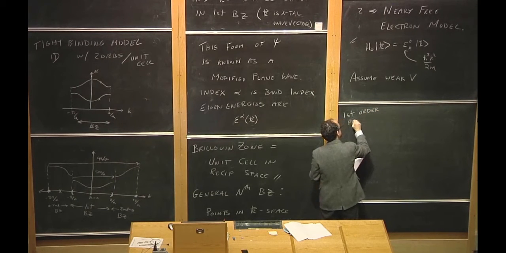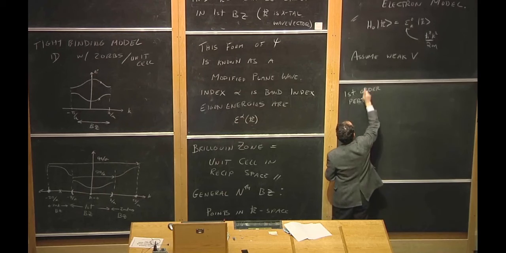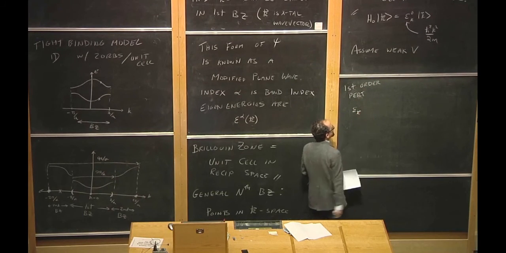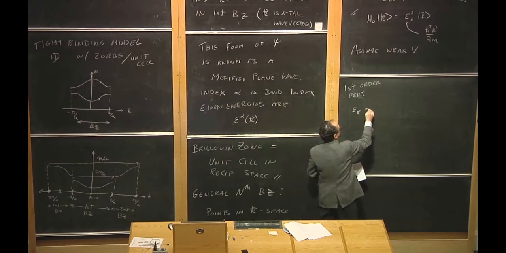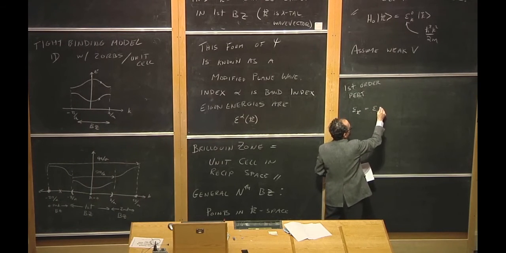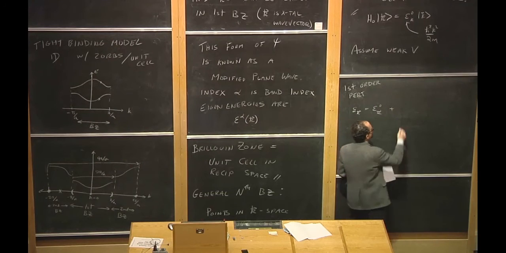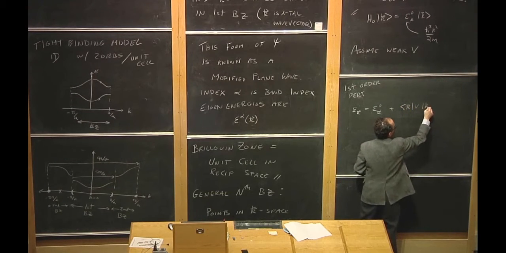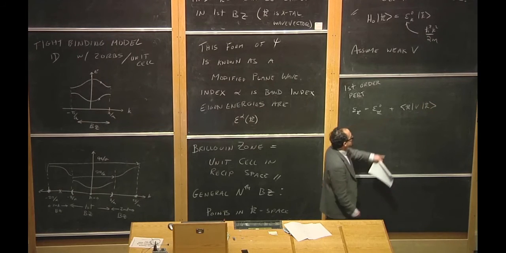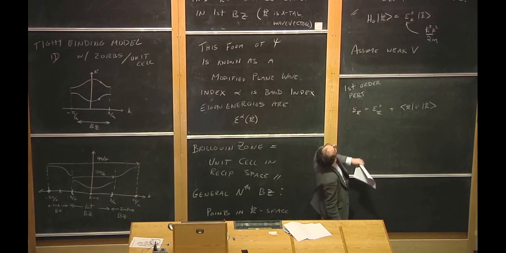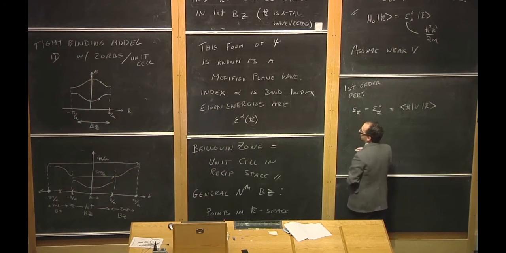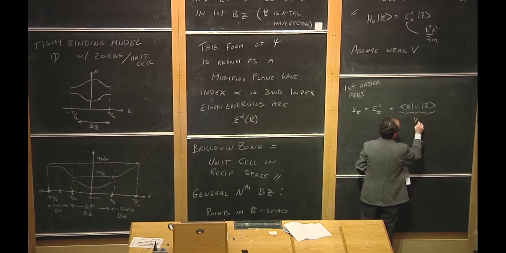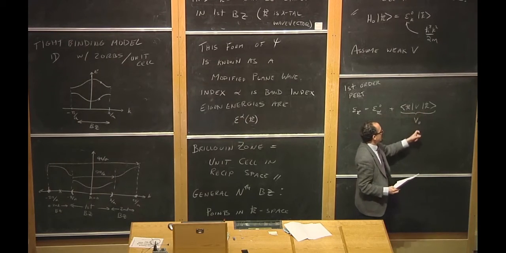The energy of the eigenstate k is the bare energy without the perturbation plus the first order perturbation theory term, which is the matrix element of k V k. We defined it as V sub 0 because k minus k is 0.